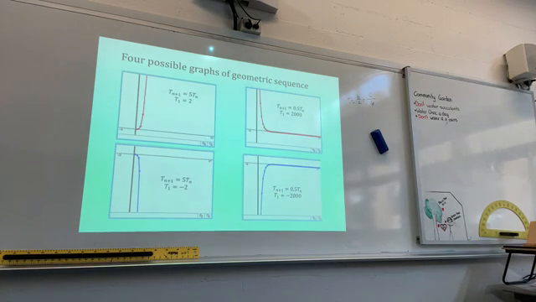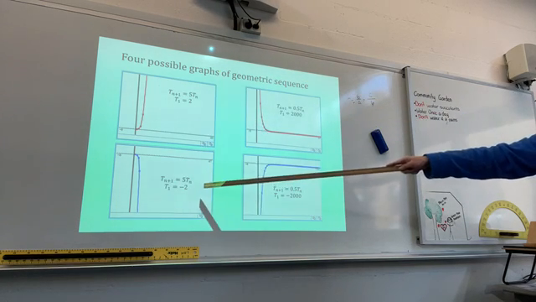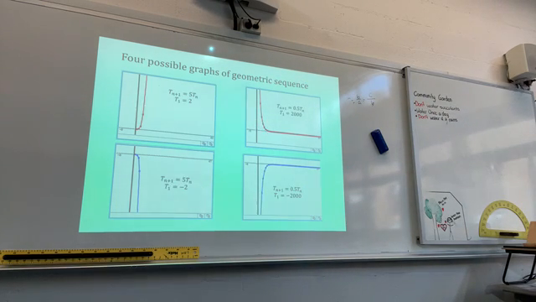As n approaches infinity, what happened to the Tn for this one? What about this? Tn approaches negative infinity. So therefore, what we do in this case is we call it divergent. It goes on and on, it diverges.